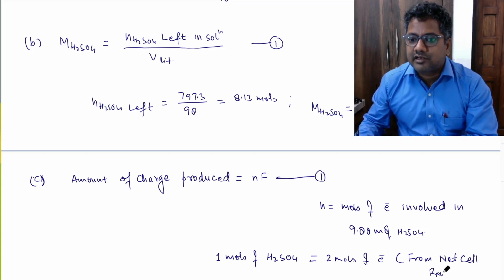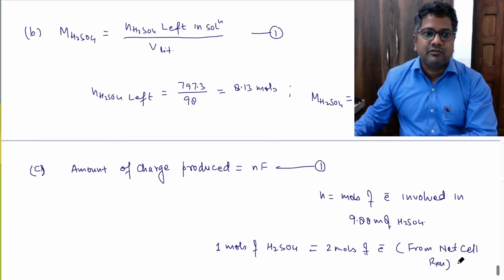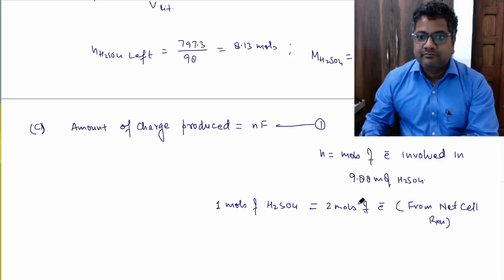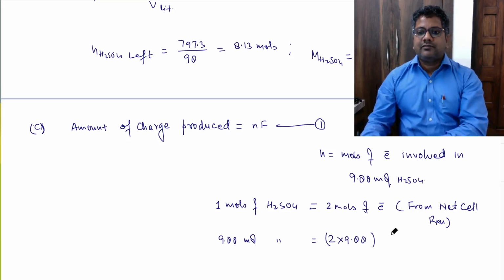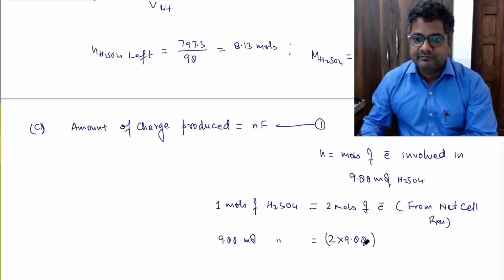This is important. That's why in the beginning I told you that the cell reaction is very important. So 9.88 moles of H2SO4 are involved in this discharge process, so the moles of electrons is 2 times 9.88. So this is the value of N.